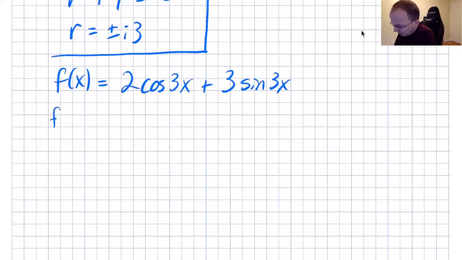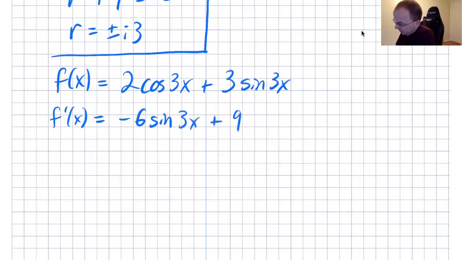Okay, and I'll just start by taking derivatives until I'm sure that I've got all the terms that I'm looking for. So if I take the derivative of this, I'm just going to get negative 6 sine 3x plus 9 cosine 3x. And so I ended up getting the same two terms again.